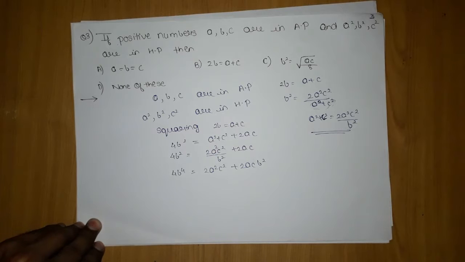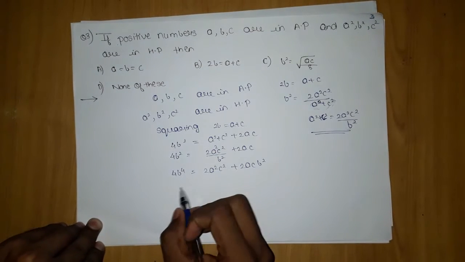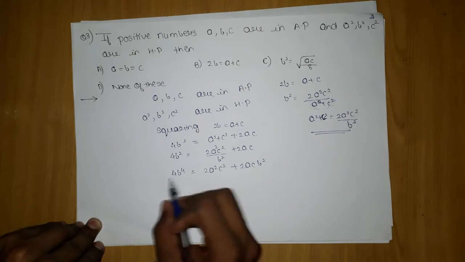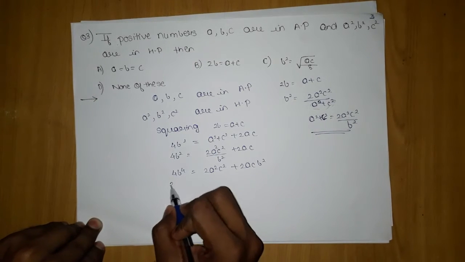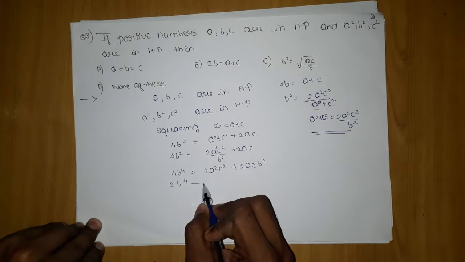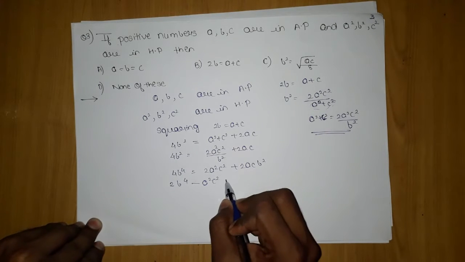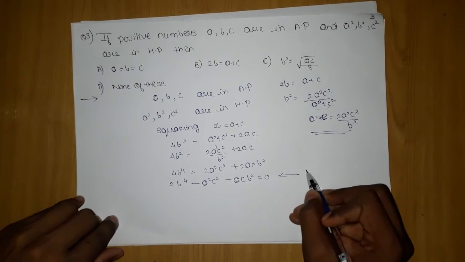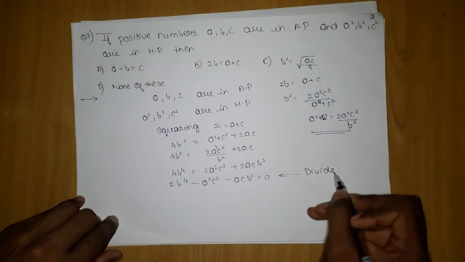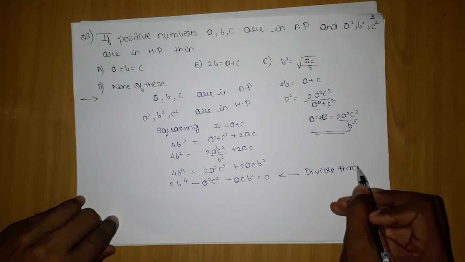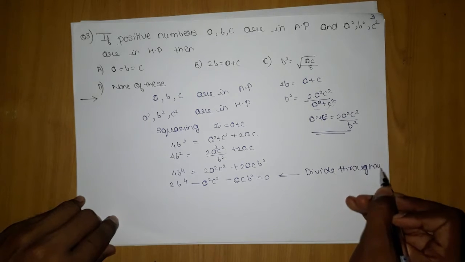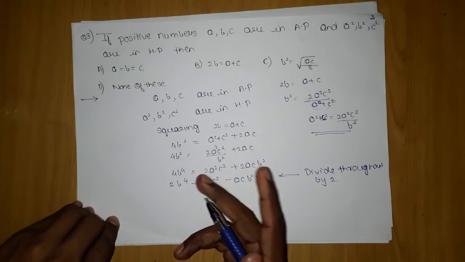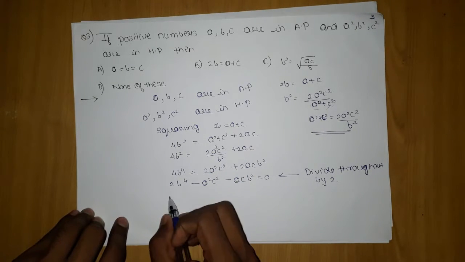Further on, what we can do is bring these terms here and see what we can get, and divide throughout by 2, which gives me b power 4 minus a square c square minus ac b square equals 0. What we did here: divided throughout by 2. Now we are going to solve this quadratic.